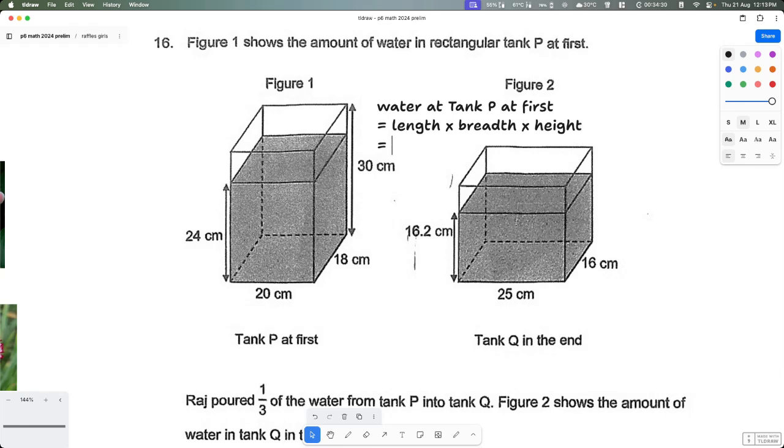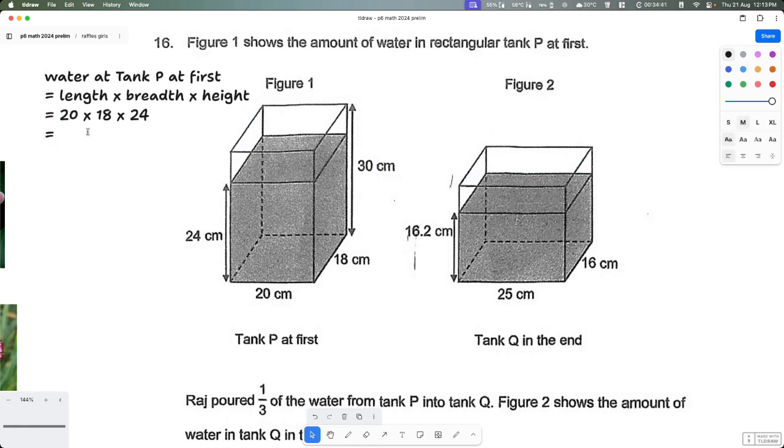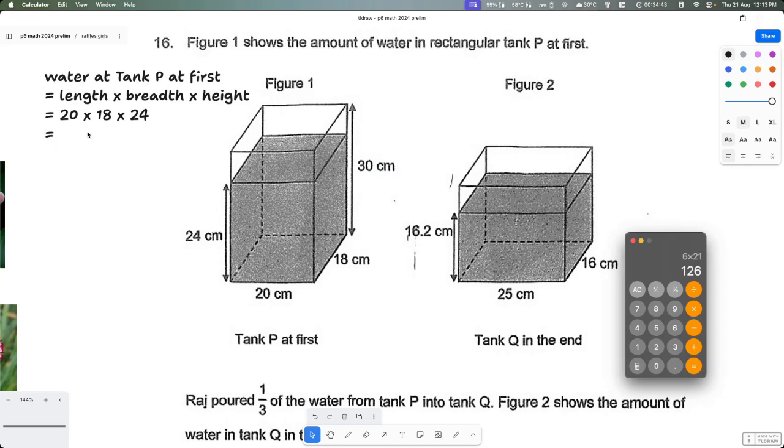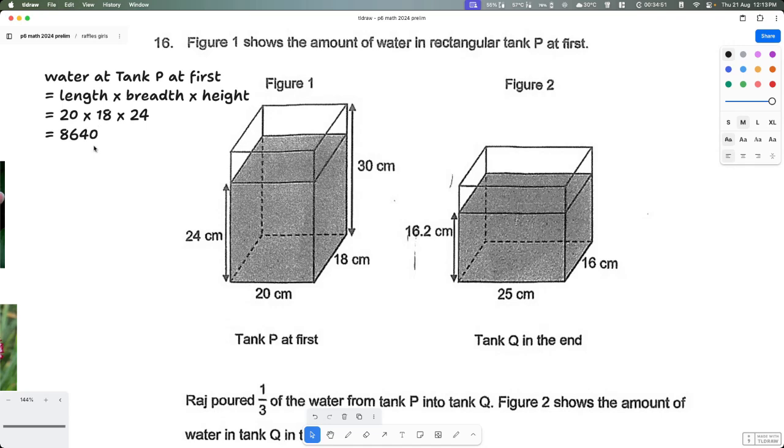The length is equal to 20, breadth is equal to 18, and then the height is 24. So let's use our calculator: 20 times 18 times 24. This will give us 8,640 centimeter cube.